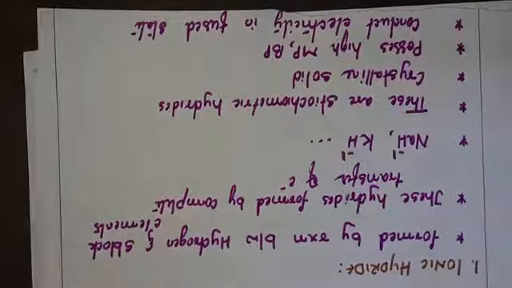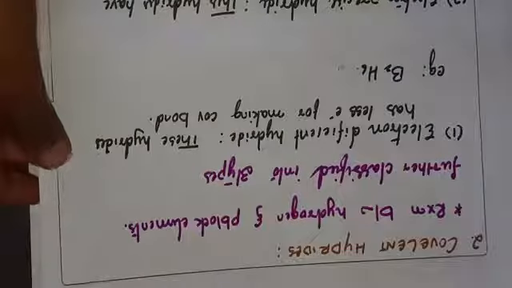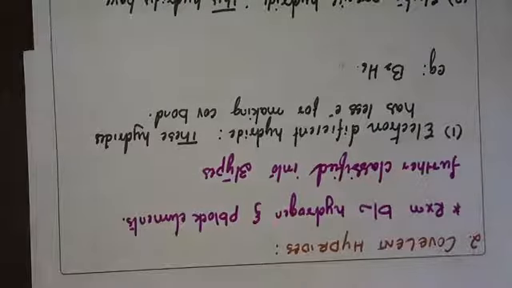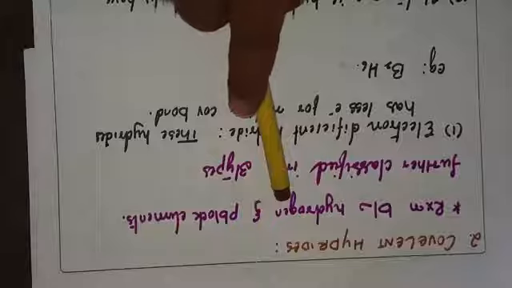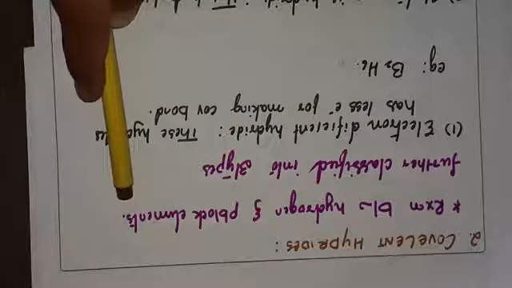Now, let us look into the covalent hydrides. As we know, what are covalent compounds? These covalent compounds are formed by the sharing of electrons. So, these covalent hydrides are formed by the reaction between hydrogen and p block elements.